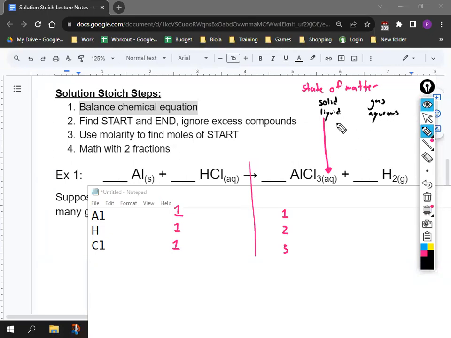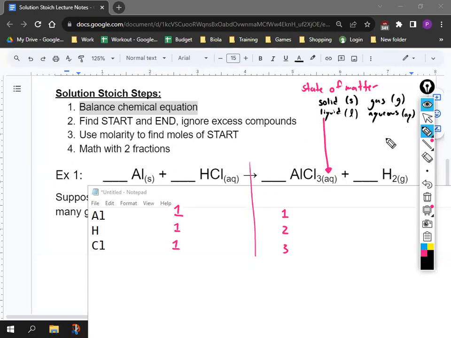And obviously you can tell that they're symbolized by the letters in the front. If a chemical is a solid, there's a parentheses S next to it. If a chemical is a liquid, you'll see an L next to it. If a chemical is a gas, you're going to see a G next to it. And aqueous will be AQ.